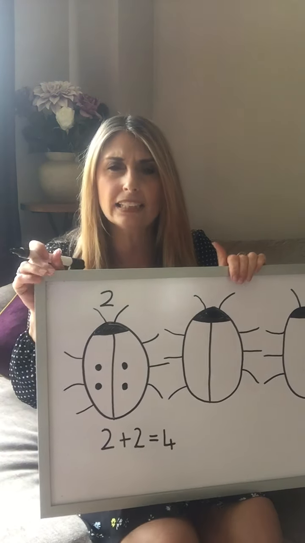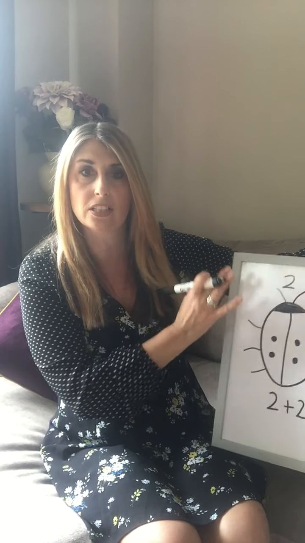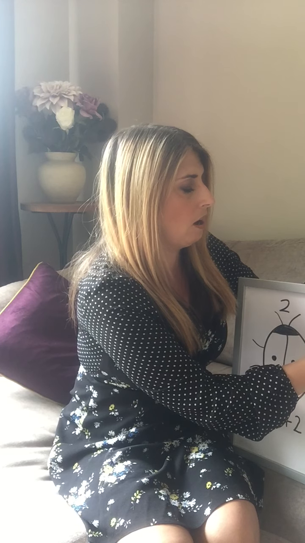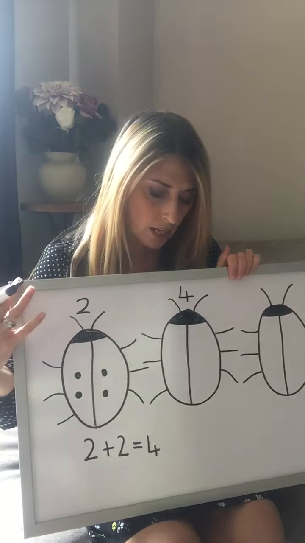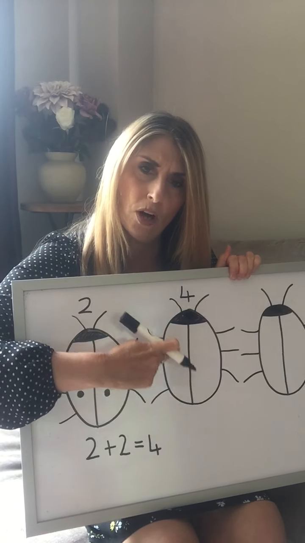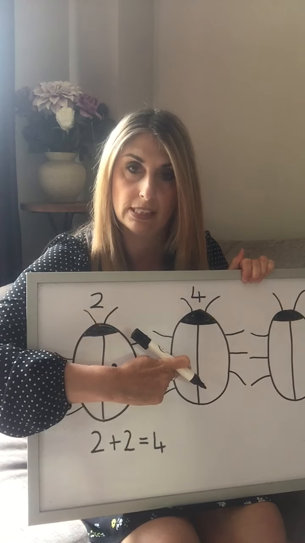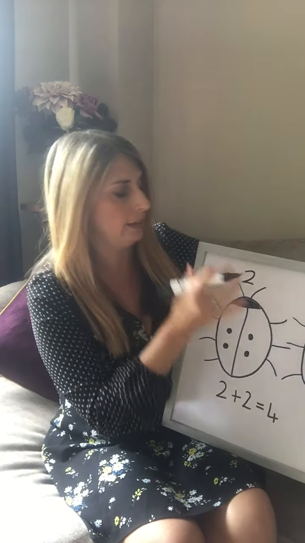Okay, let's do another one. Let me think. Let's do double 4. So I'm going to put 4 above here. Okay, so first of all, we need to draw 4 spots here because we are doubling that number. Okay.